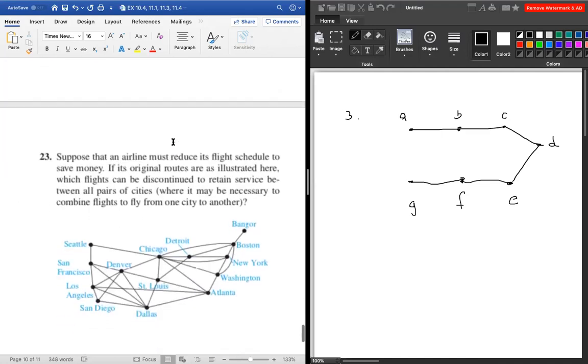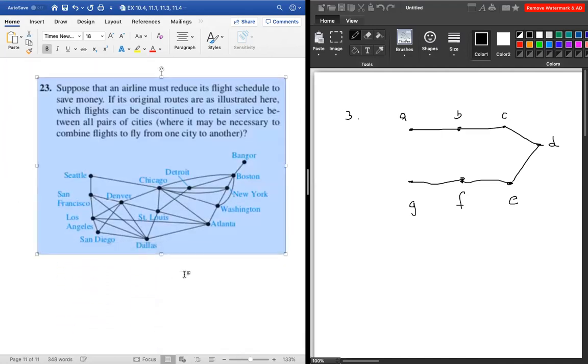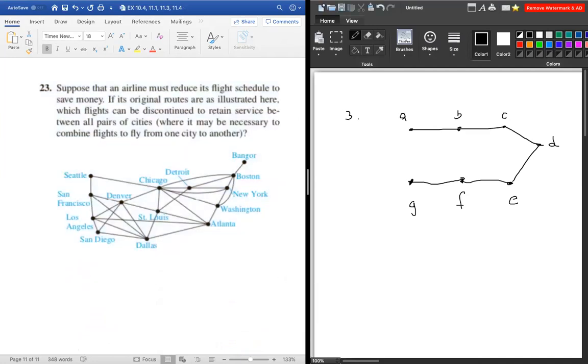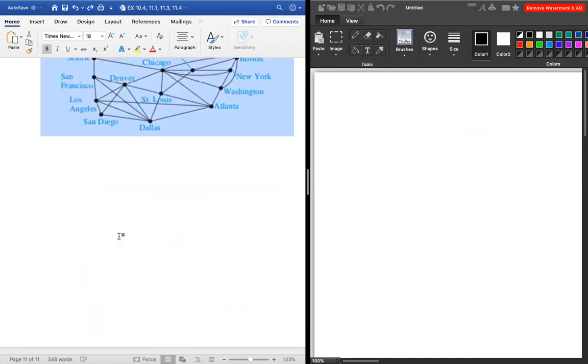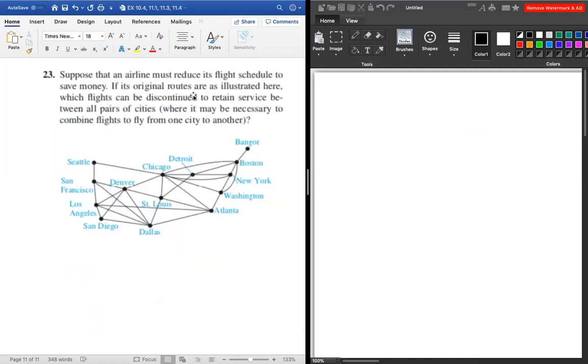Okay, let's take another question. Now suppose that an airline must reduce its flight schedule to save money.